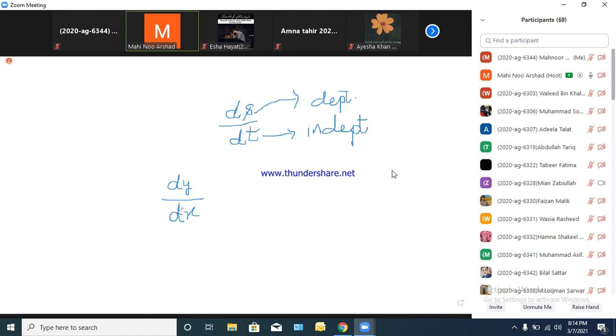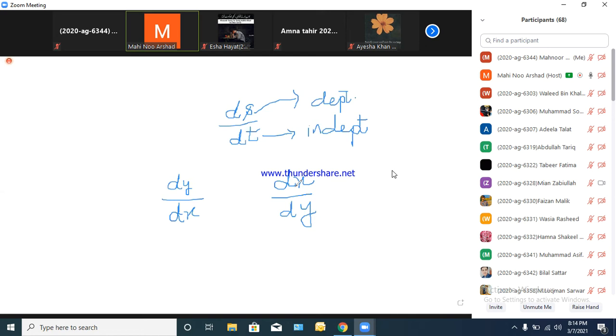Derivative of y with respect to x means you are calculating the rate of change in y with respect to the rate of change in x. Rate of change in y with respect to x. And when you write dx by dt, how will you read that?